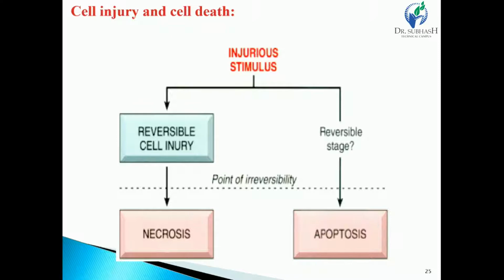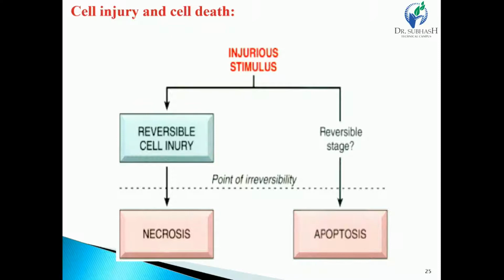If it is mild to moderate, then the injured cell may recover, and this type of cell injury is termed reversible cell injury. While a persistent and severe form of cell injury may cause cell death.